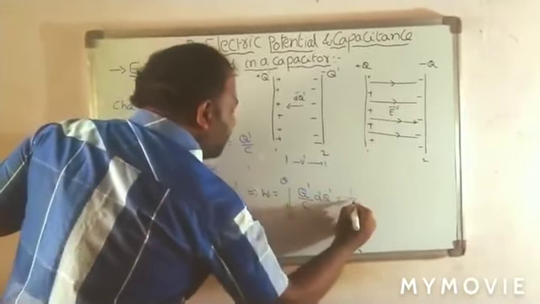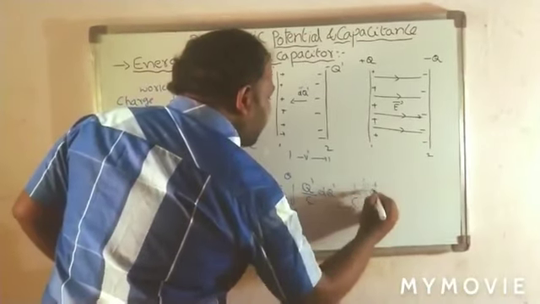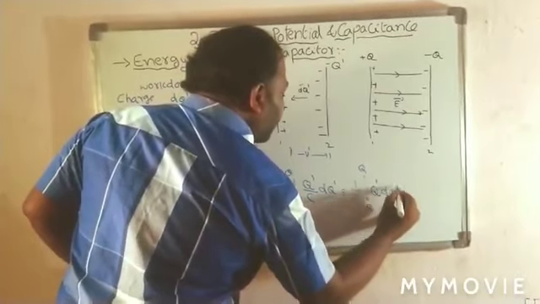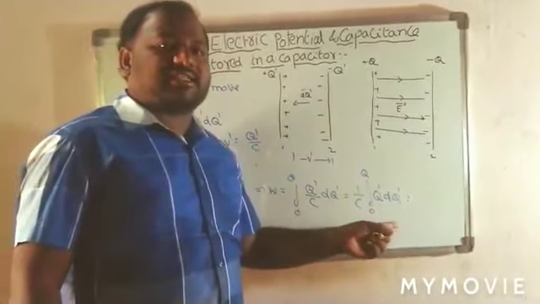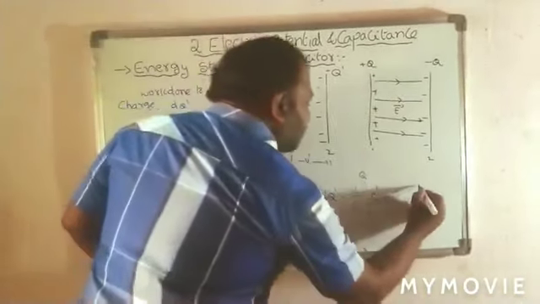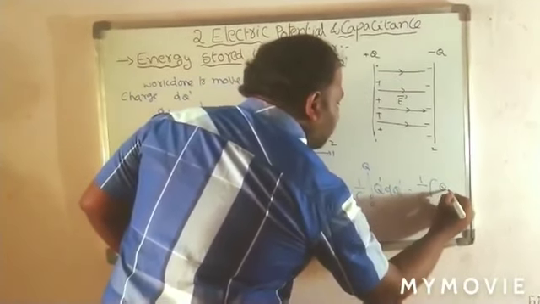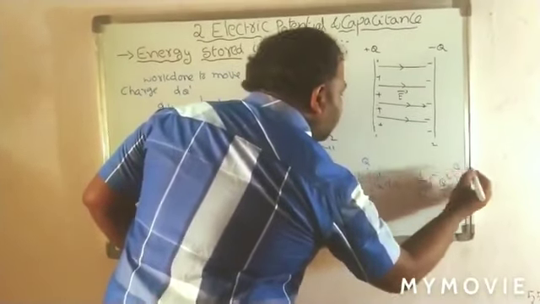Here 1 by C is common, so we have the integral of q dash, with limits from 0 to q, into dq dash. What is the integration of x dx? It is x square by 2. Similarly here, the integration of q dash dq dash is q dash square by 2, with limits from 0 to q.